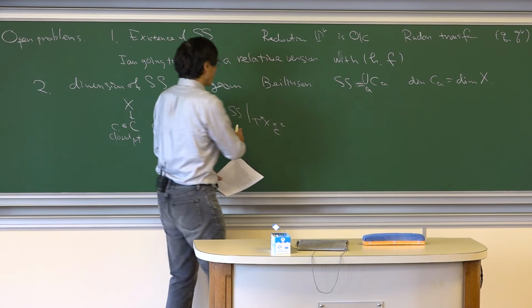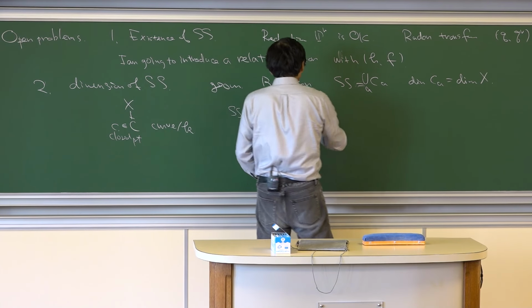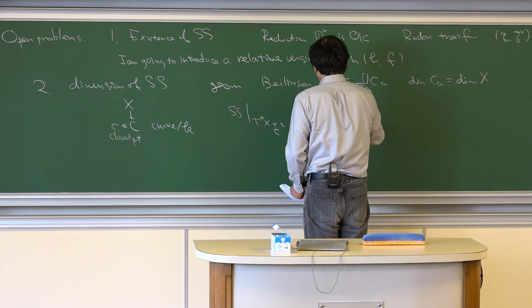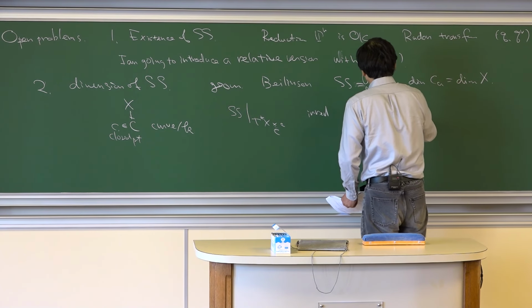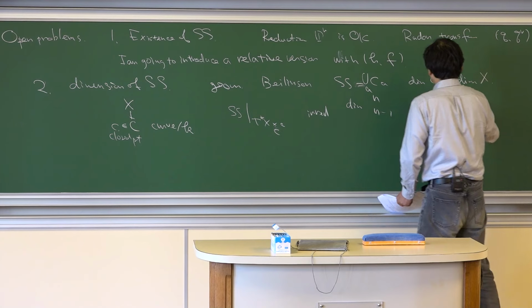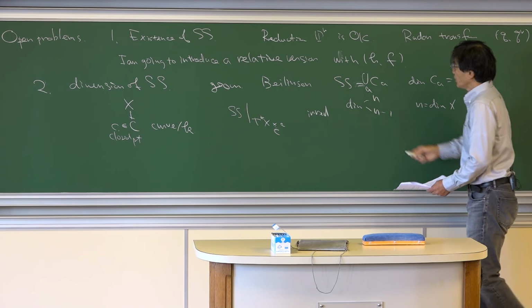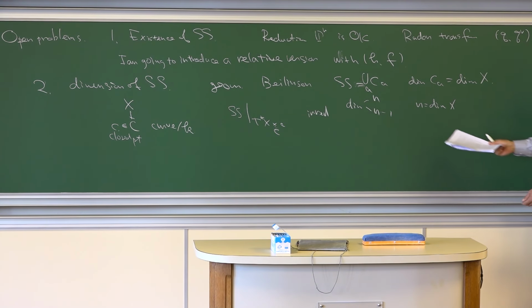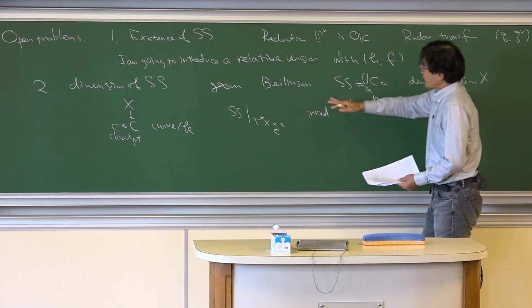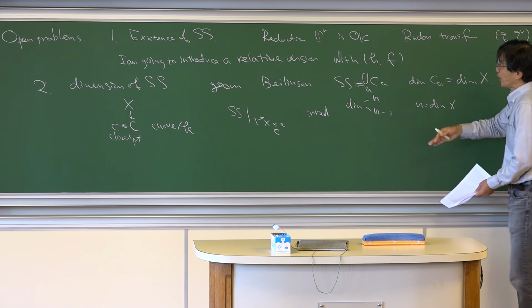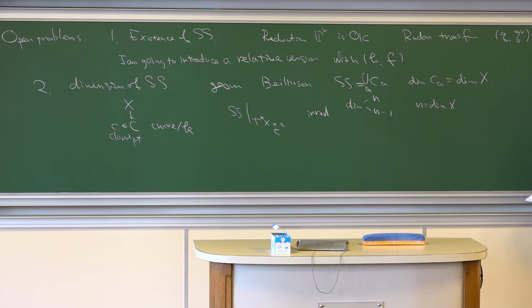So this irreducible component may have a dimension n or n minus 1, where n is the dimension. So we like to have two types of component. But Beilinson proved this property, so it's natural to try to transplant his method, but I don't know how to do this.